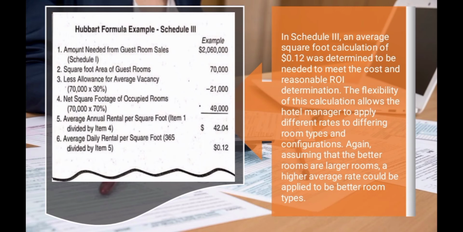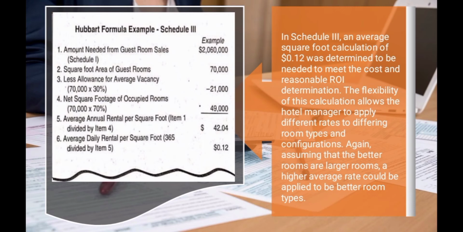To get item 5, which is the average annual rental per square foot, we have to divide item 1 by item 4. So $2,060,000 divided by 49,000 equals $42.4.